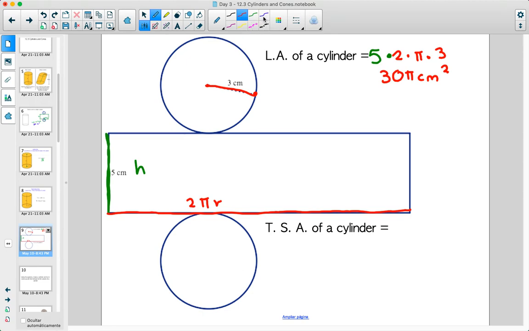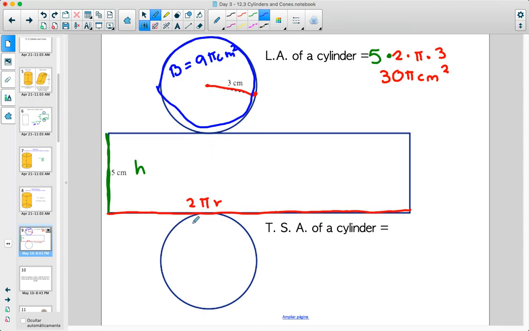Now, total surface area includes the area of the bases. So let's find the area of the base, capital B. That's pi r squared, so that's 3 times 3, which is 9 pi centimeters squared.